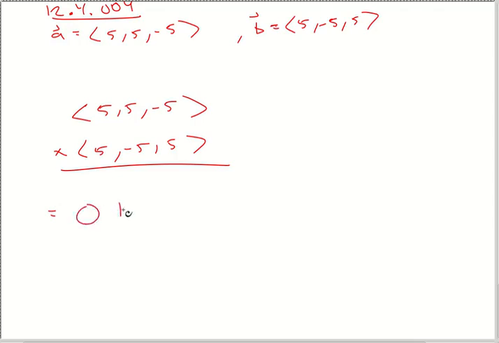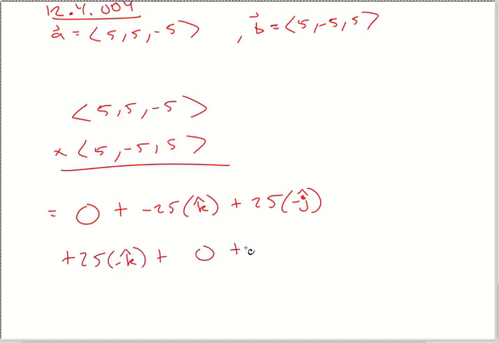So always a 0. 5 times 5 here is going to be a -25, but that's a k component. And then 5 times 5 is a +25, but that's a negative j component. So ultimately, that'll be a -25. 5 times 5 is 25, of course. Over here is a negative k component.